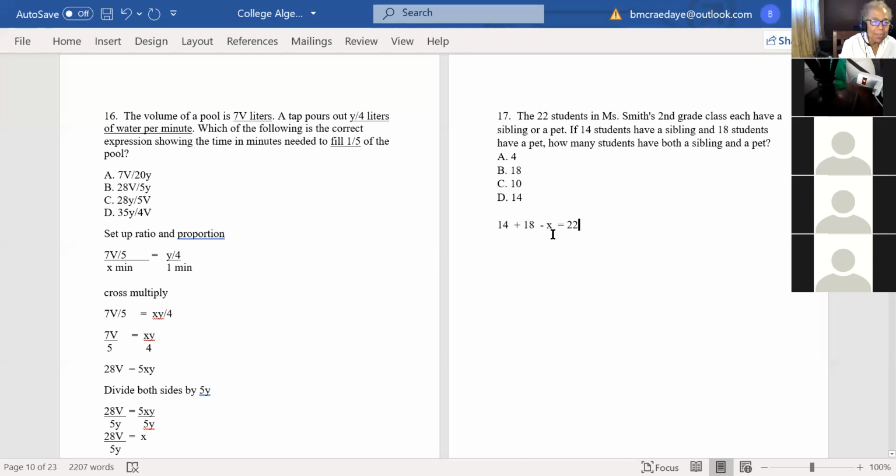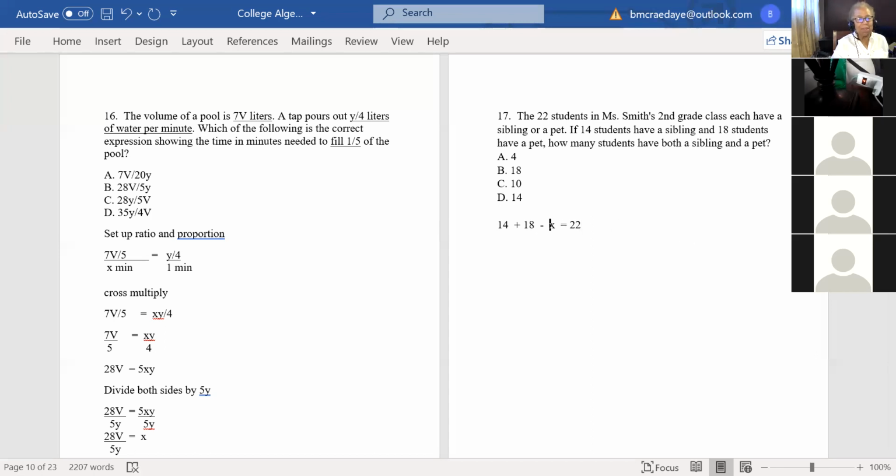The both is going to be counted in both of these, the 14 and the 18. That's why you got to add these and subtract out the both. It says how many have both a sibling and a pet. So you've got to add up the 14 that have a sibling, the 18 that have a pet, and subtract out the ones that have a combination of both.